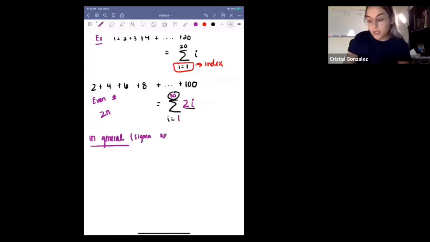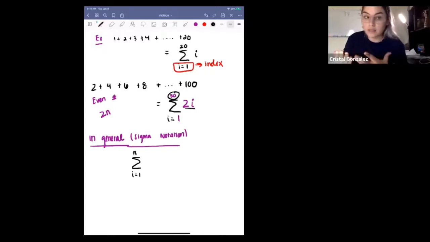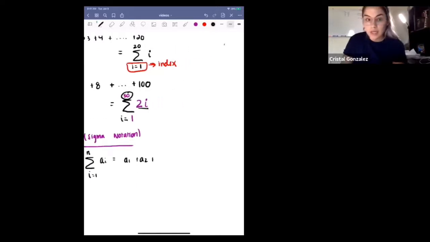In general, for our sigma notation, if we have our capital sigma, we will have our n value up here. We will have i equals 1. Again, it doesn't have to start at 1. It could start at anything. This is equal to a1 plus a2 plus a3 plus ... all the way to an.